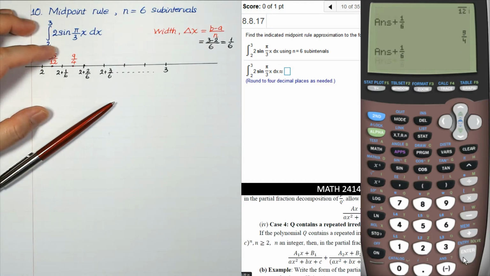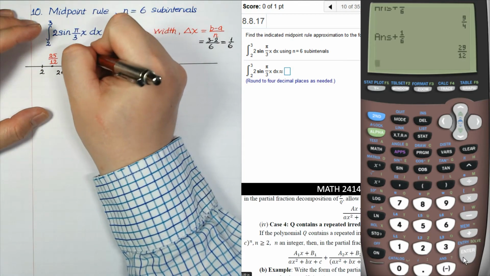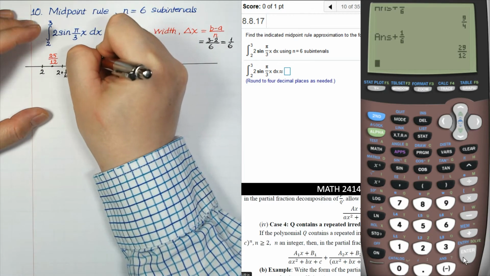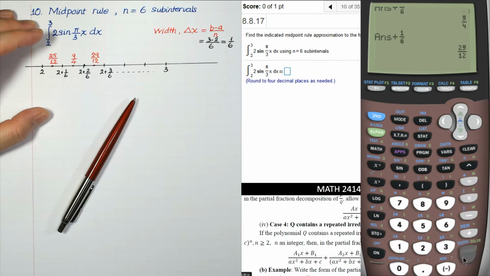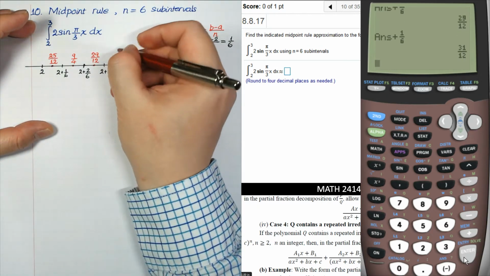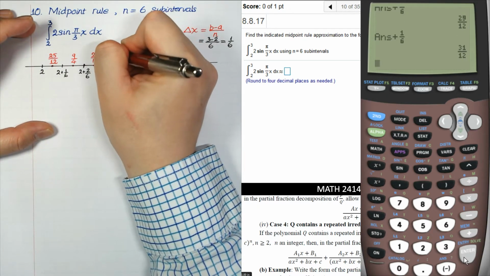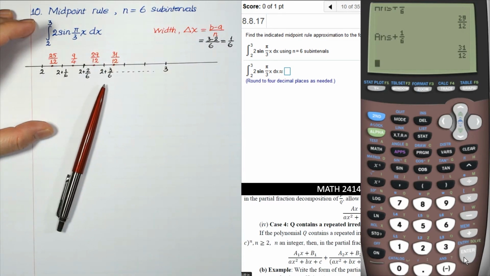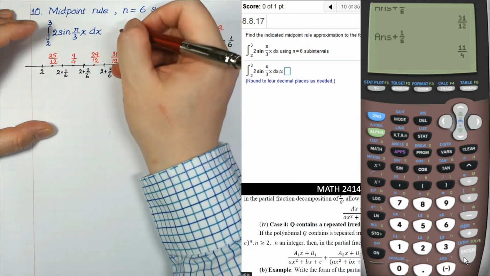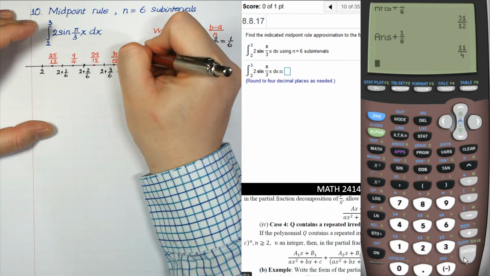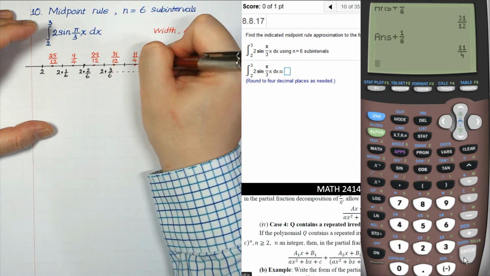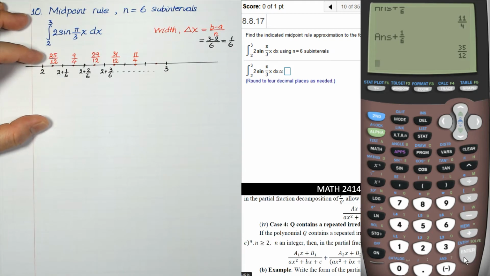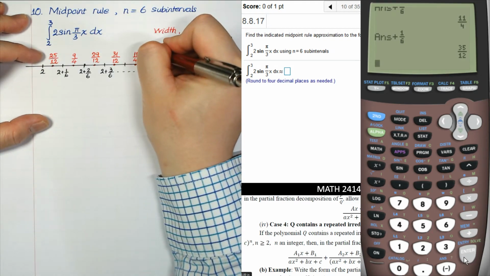Just hit enter, they just keep adding 1/6, 11 over 4. Because the answer is the last one, all we do is keep adding 1 over 6.